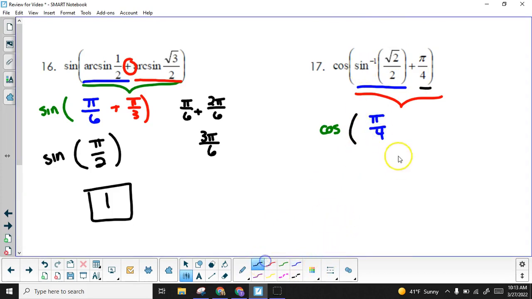And then we're going to add our pi over 4. Well, if we add pi over 4 and another pi over 4, we get 2 pi over 4, which is pi over 2. Then we're taking the cosine of pi over 2. Cosine, of course, is our x value, and the x coordinate for pi over 2 is 0.